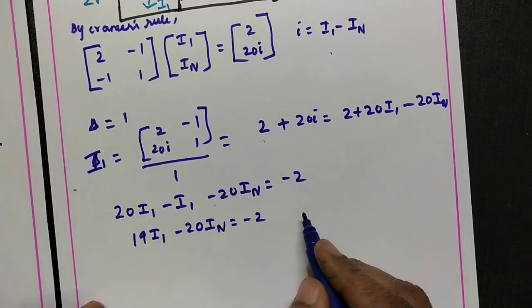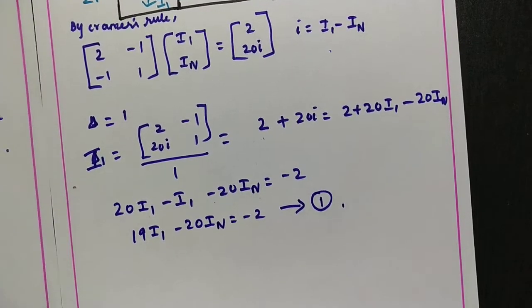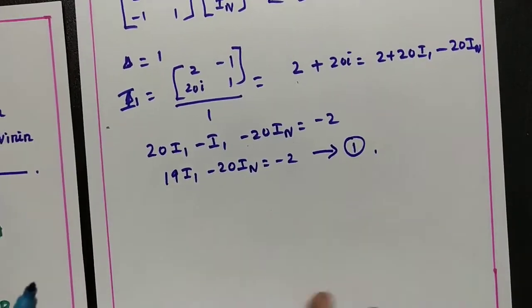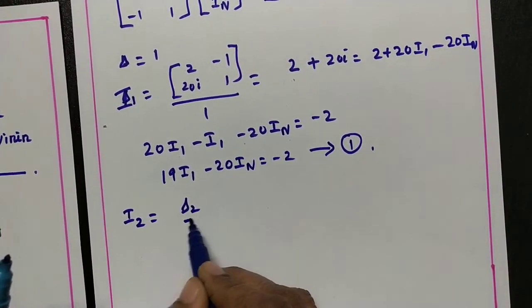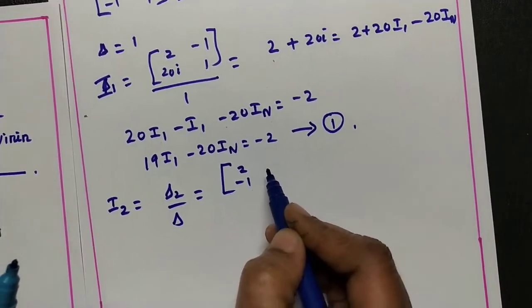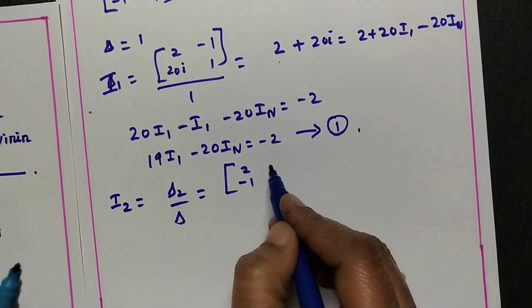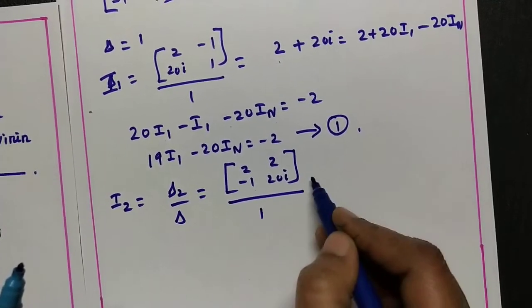So this is taken as the first equation, and then the second equation is for I2, delta 2 by delta, that is 2 minus 1. We are replacing the second column with 2, 20I.